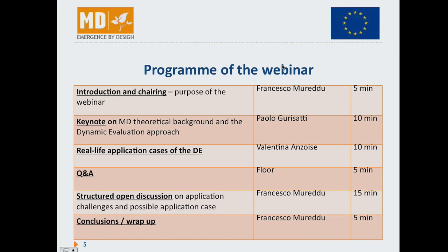So the generation of continuous feedback, feedback loops that can improve a policy or a number of policies that have already been implemented, in order to design better future policies, or to steer and to adjust a process that is ongoing. So this is my presentation and my comments to what Paolo has already introduced.